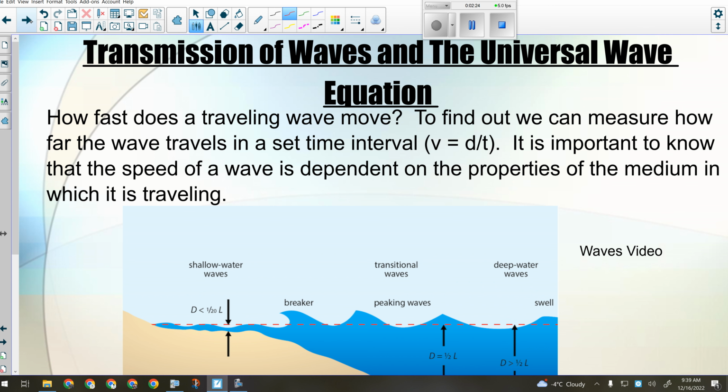So we're better off using the properties of the wave. I can count very easily how many waves go by me in a certain time interval and get their frequency. I can use things like a boat if I'm out on the water. If I know the length of the boat, I can figure out the wavelength of the waves just by comparing how many of them fit under the boat.